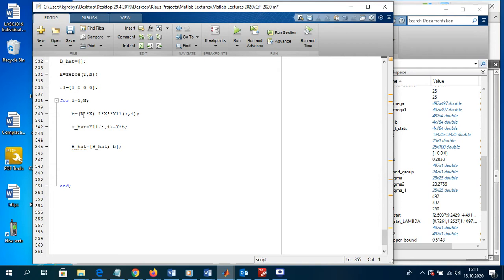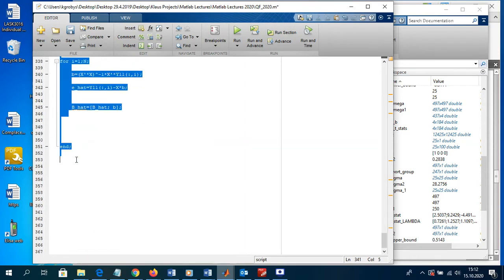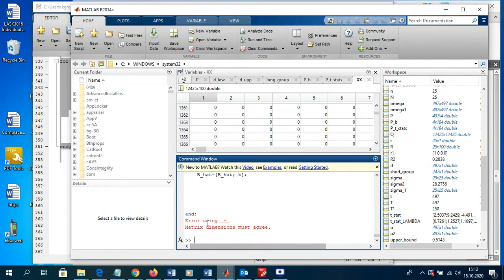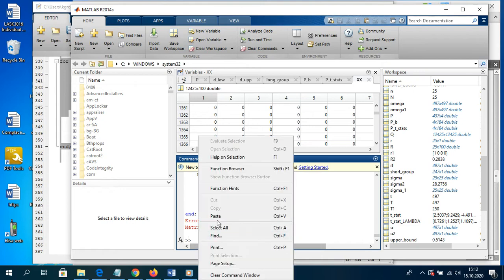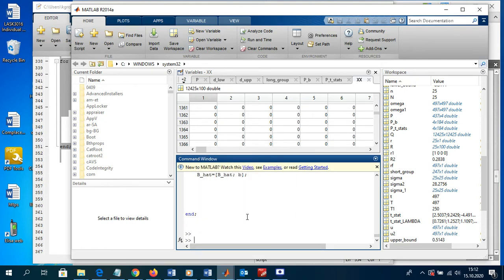X transposed X inverted. So this must be obviously in this sign here. We have to take this to the power of -1. This guy is inverted, so now it should be correct. It can always happen that you miss something in the code, but then MATLAB will spit out an error message. So now everything works out, obviously.